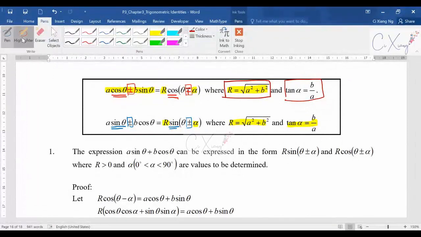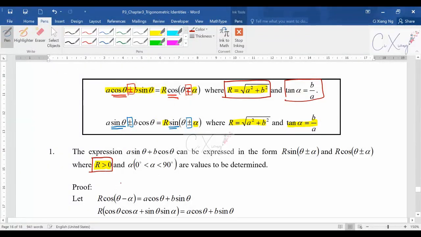When you change it to the sine or cos compound angle formula, there are a few things that you need to know also. You know the formula for r, right? Please take note that r is always positive. There's no negative value for r. That's the first thing you need to know.